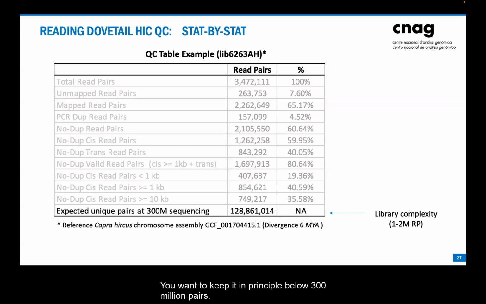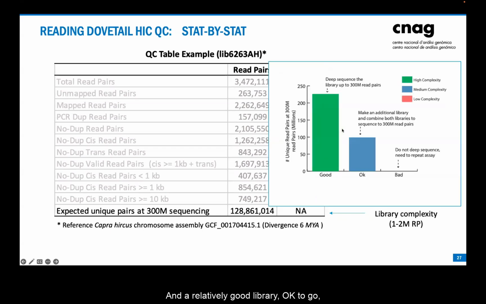You want to keep it principally below 300 million pairs, and a relatively good library, okay to go, will be almost 100 million. And for a good library, you will have 220, 250 million read pairs in this cell.